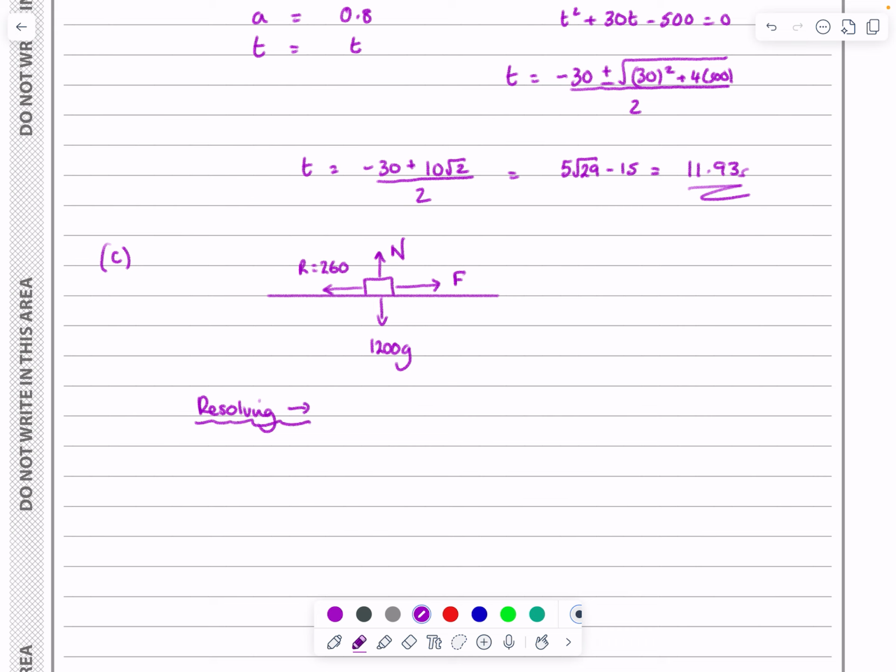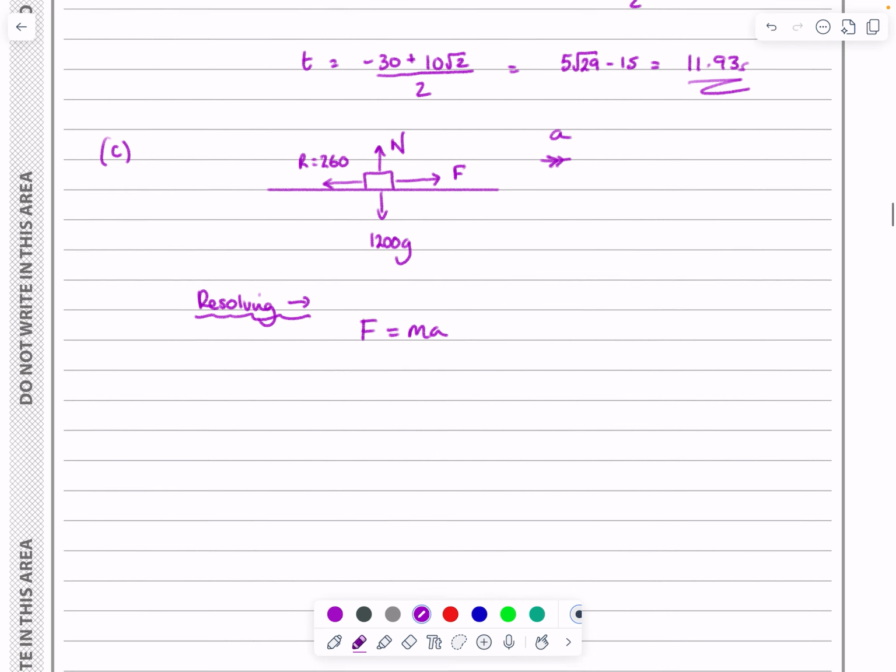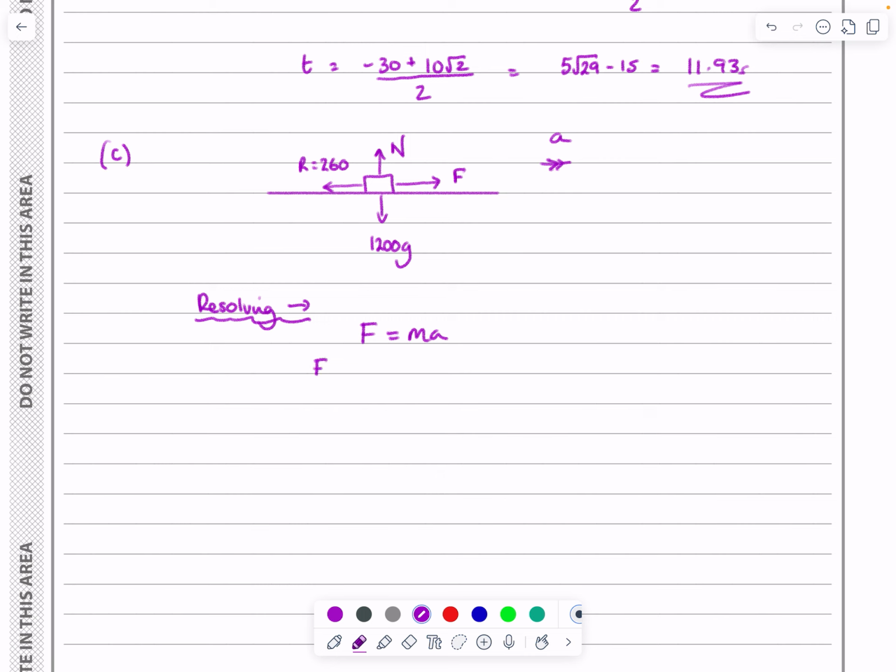Resolving horizontally though, I'm only interested in this direction. We know that it's going with an acceleration in that direction there, so the F has to be bigger than the 260. So resolving horizontally, F equals MA, and that's going to be F minus the 260, that's equal to mass times acceleration, and we've got everything, 1200 times 0.8.